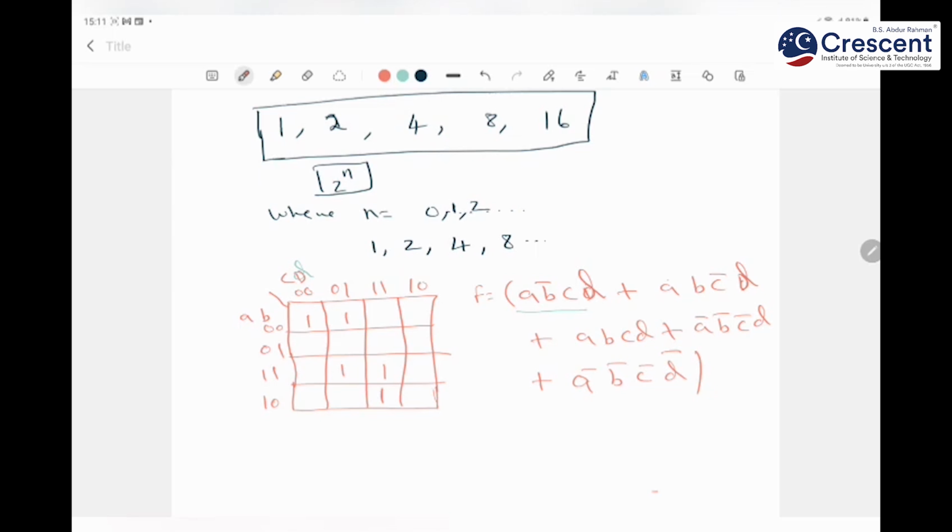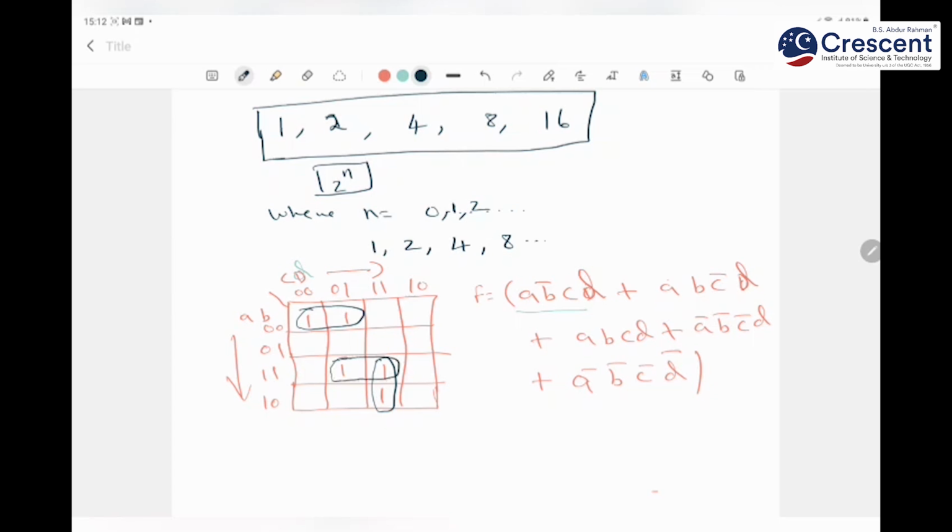So you can see again these terms are in terms of gray code, and this is also like a gray code. So now we have to make groups of these values. Which are all the things you can group? You can group these two together. Similarly you can group these two together, and we can also group these two together.